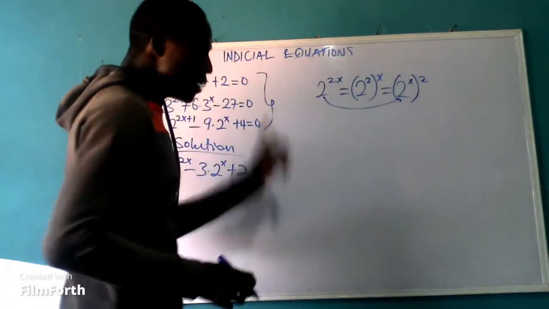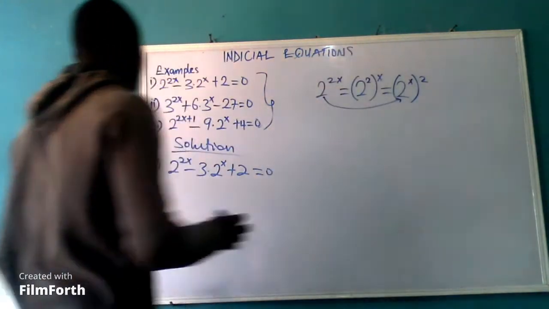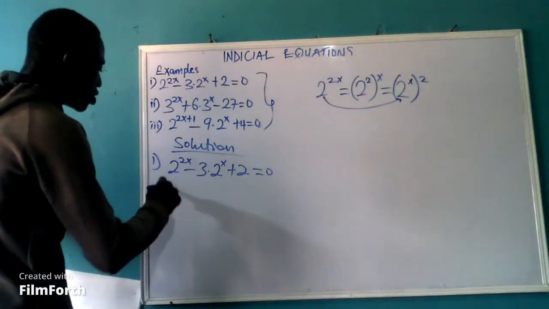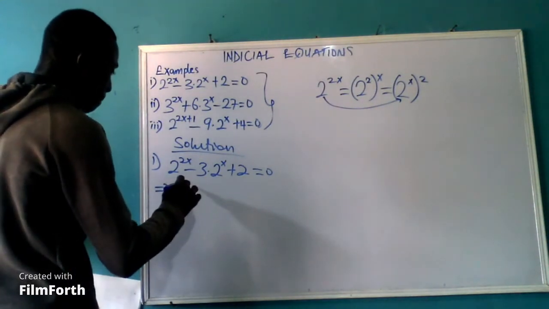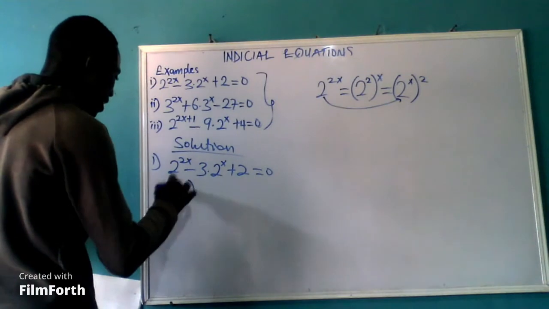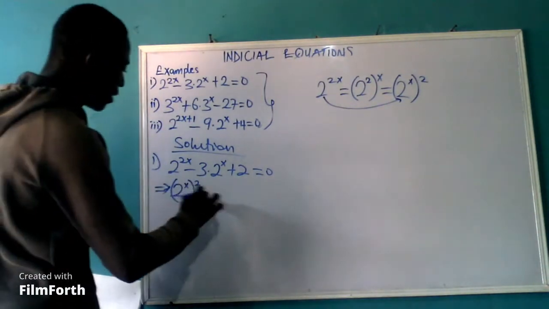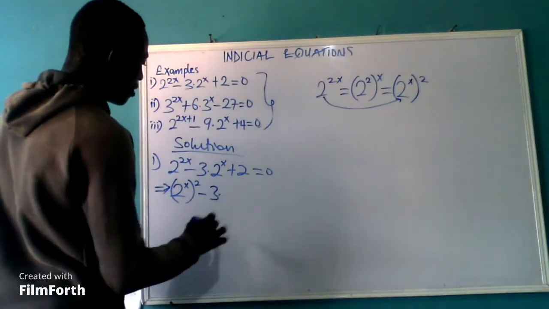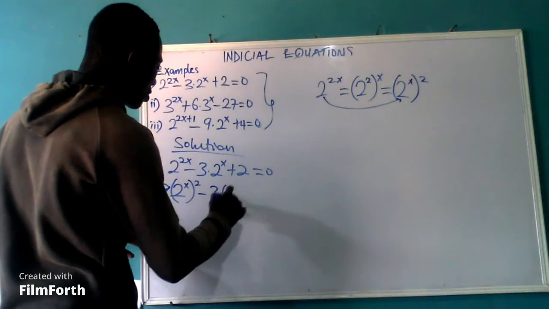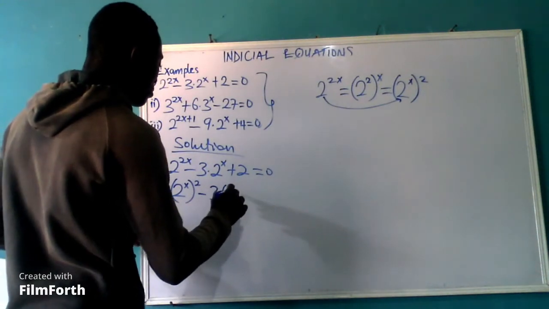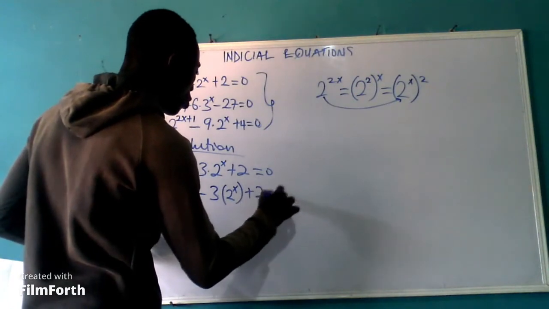Majorly we want to substitute 2 raised to power x for something else, so that this equation implies that 2 raised to power x, into brackets, everything raised to power 2, minus 3 times 2 raised to power x, plus 2 equal to 0.